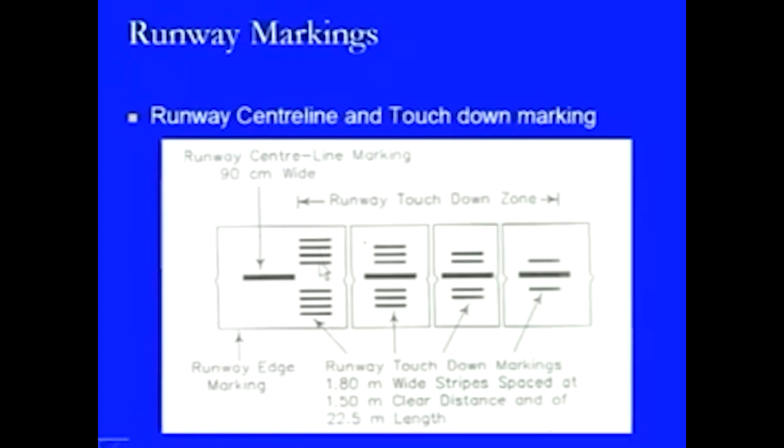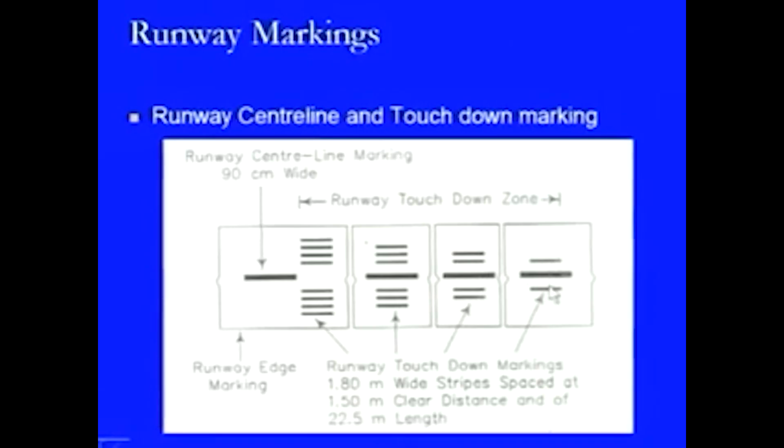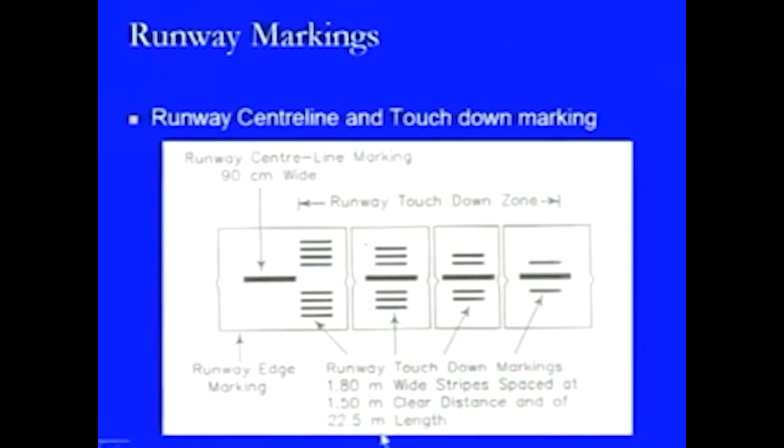of 4 strips on either side at the start, then it reduces to 3 on either side, then it reduces to 2 on either side, and then it becomes 1 on either side. The length of this remains 22.5 meters, the width remains 1.8 meter wide, and the gap between the markings is 1.5 meter clear.